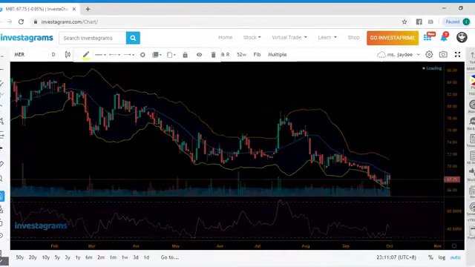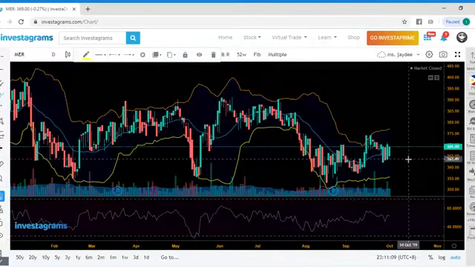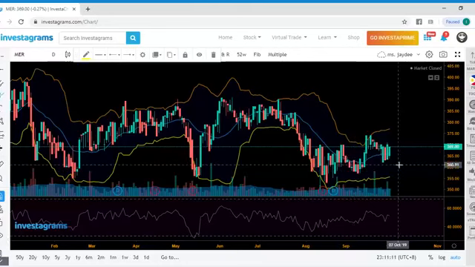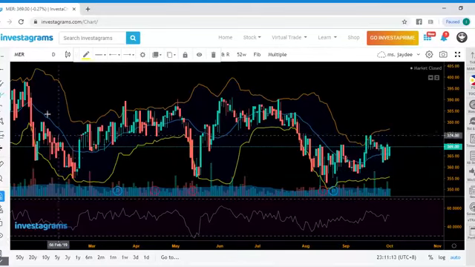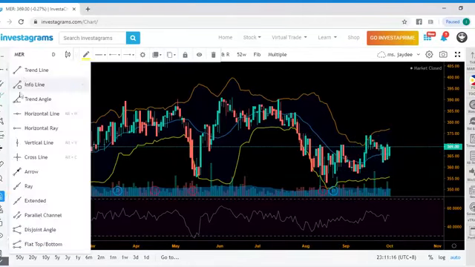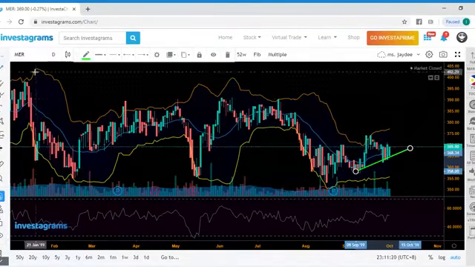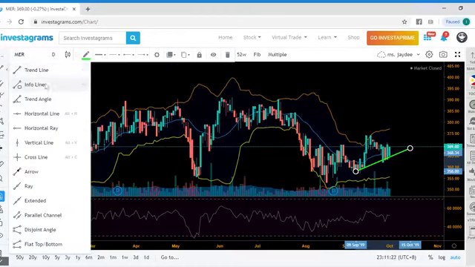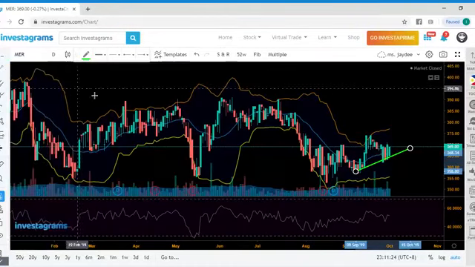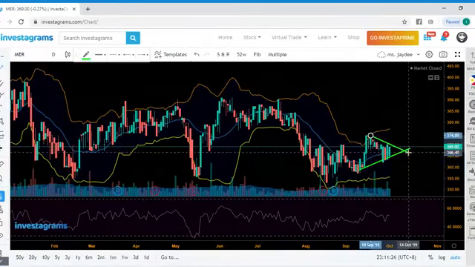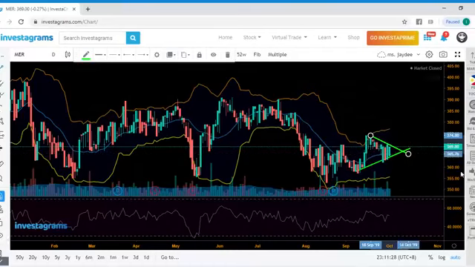Meralco. This is what we're seeing for Meralco. It's like a symmetrical triangle, so use this as your support and resistance.